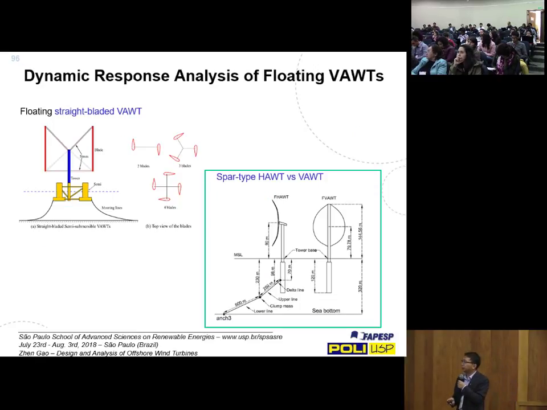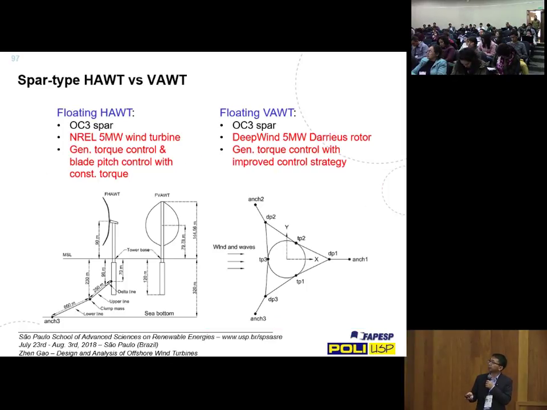Now we can also go further to the comparison between horizontal axis wind turbine and vertical axis wind turbine for floating spar application. Basically, we look at the same floater and two turbines with the same generated power, the same rated power.